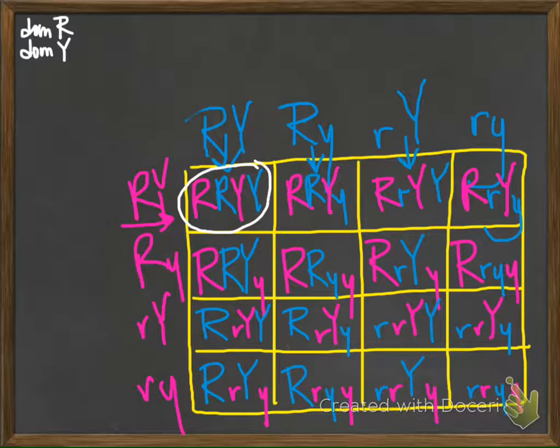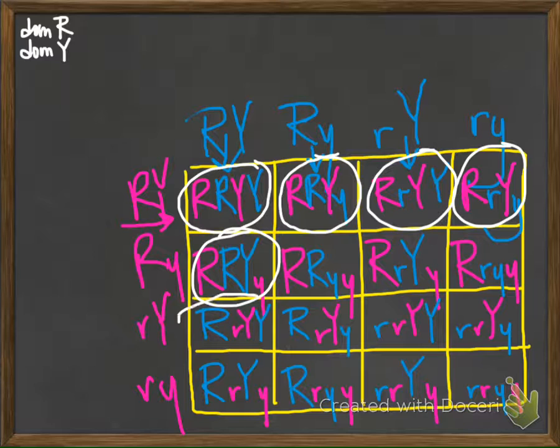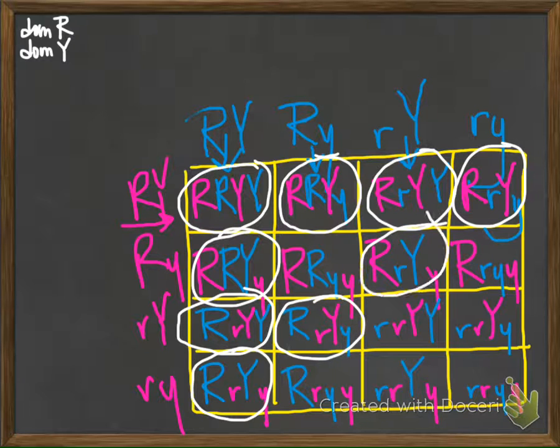So we're going to count how many we have. Big R, big Y is what we're looking for. And we have 9.